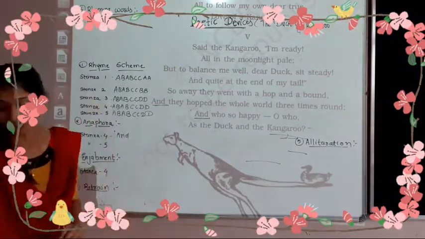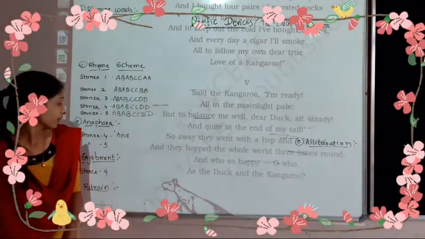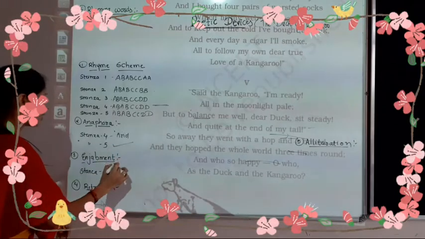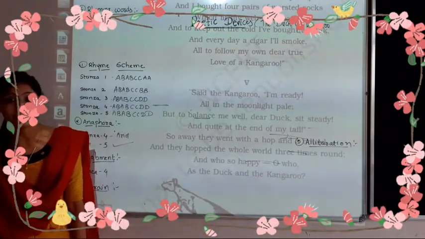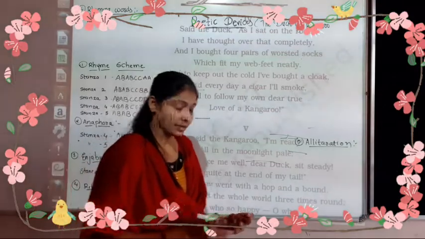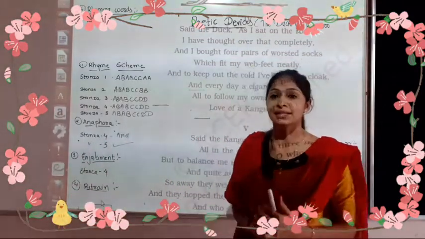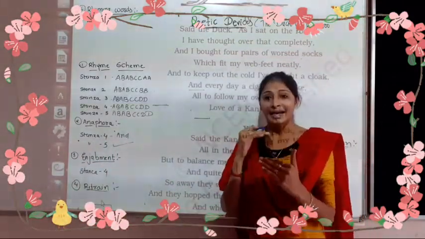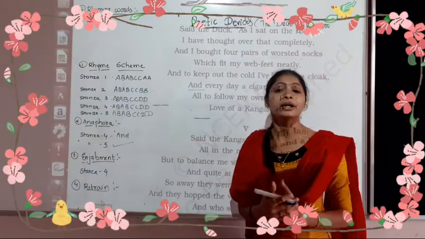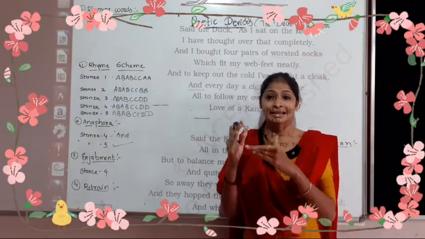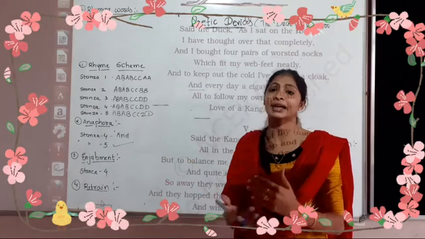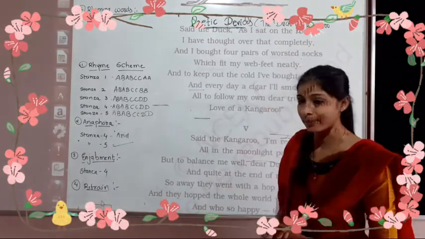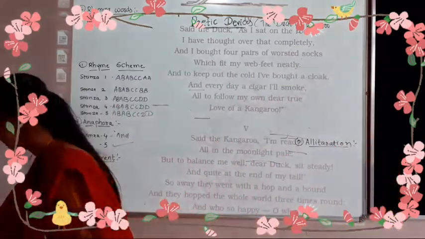Now the next point we will discuss is enjambment. What is enjambment? Here, if one line is there and at the end of that line no punctuation marks are used, it means that line continues in the next line, and that becomes the example of enjambment. Now we'll see its examples here.